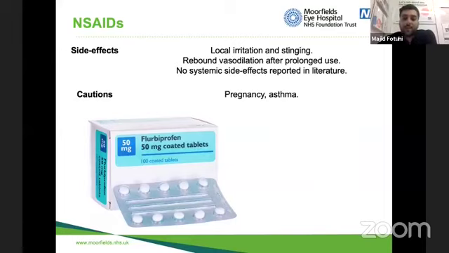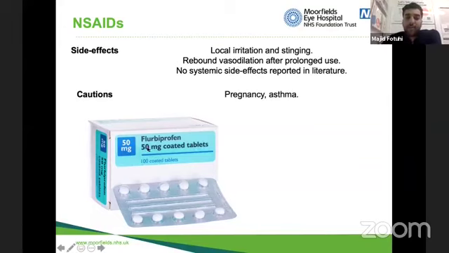There are not many systemic side effects reported, but we still need to be aware of our high-risk groups of patients, which include pregnancy, as it is contraindicated in some circumstances, and asthmatics as well, particularly if they have a history of asthma attacks triggered by non-steroidal anti-inflammatories.